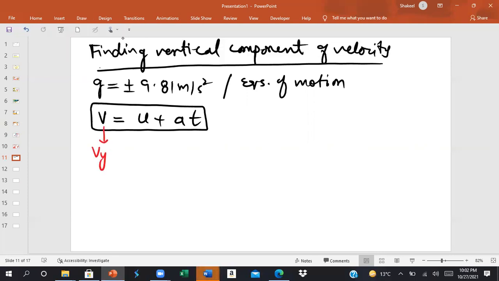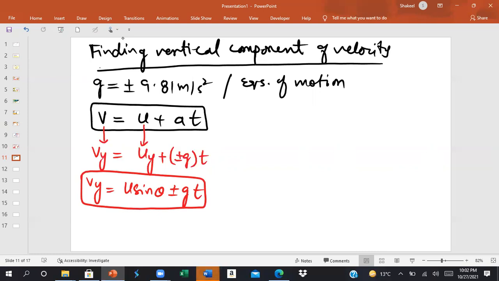This v is actually v_y, this u is actually u_y, and this a can be plus or minus g, depending upon how you are throwing it. If you're throwing it upward, then g would be negative. If you're throwing downward, g would be positive. So u_y is u sine theta, plus or minus gt. Using this, you can find the vertical component of velocity at any point.